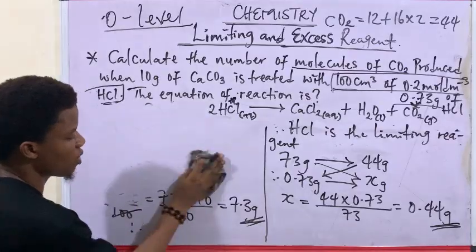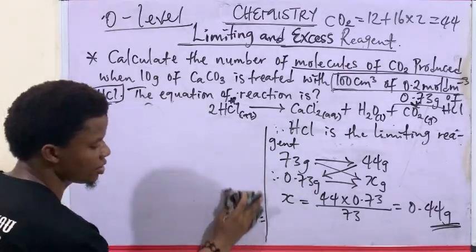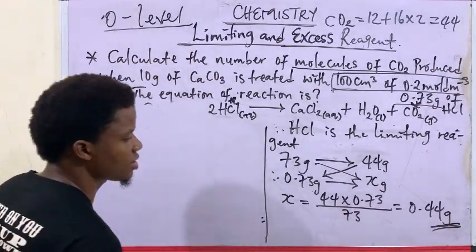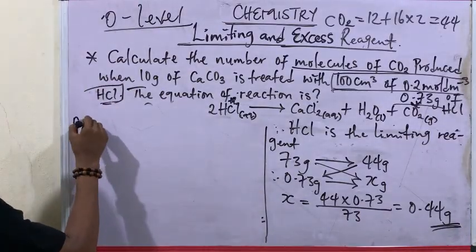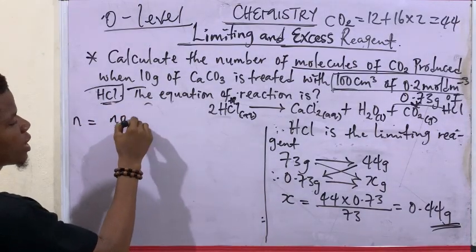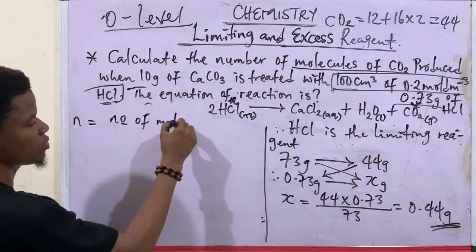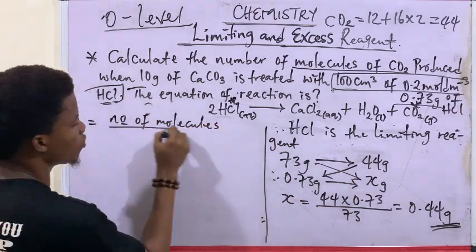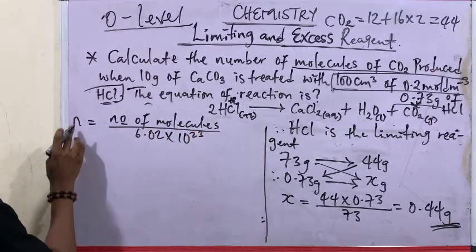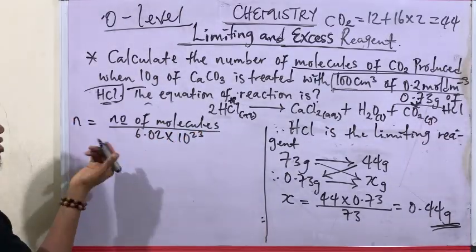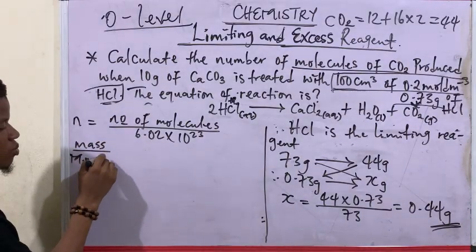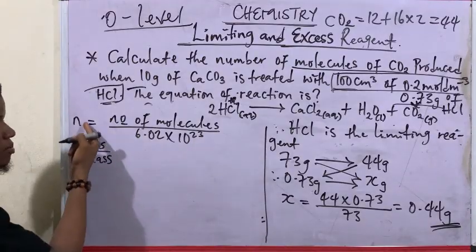Now this will take us to another formula in stoichiometry, which says that number of moles n is equal to number of particles, or you can say number of molecules, all over 6.02 times 10 raised to the power of 23. Now n, we can replace with mass over molar mass, because n is also equal to mass all over molar mass.